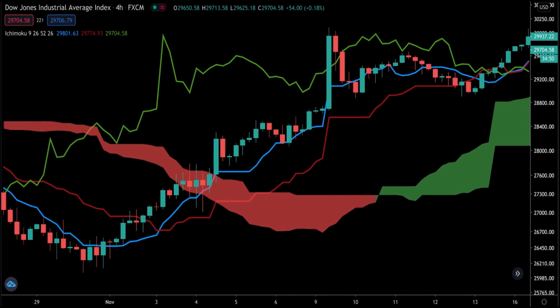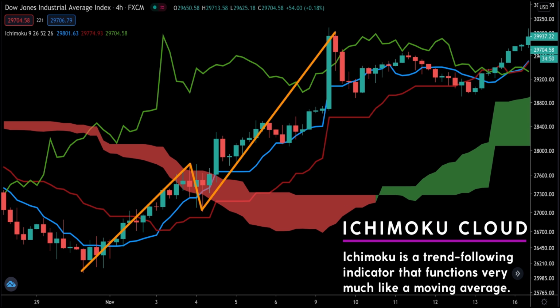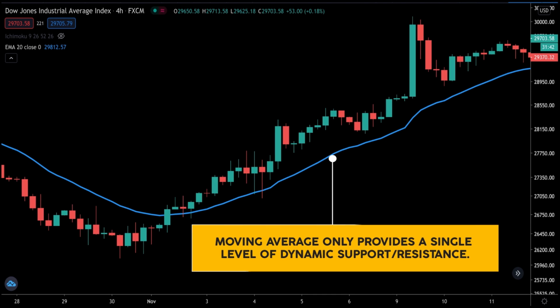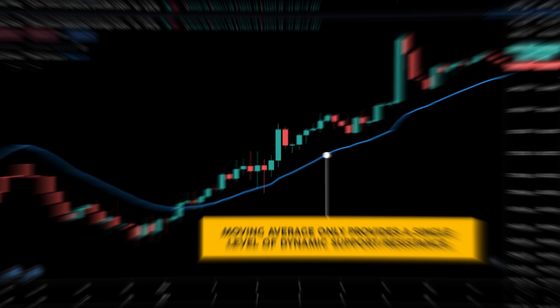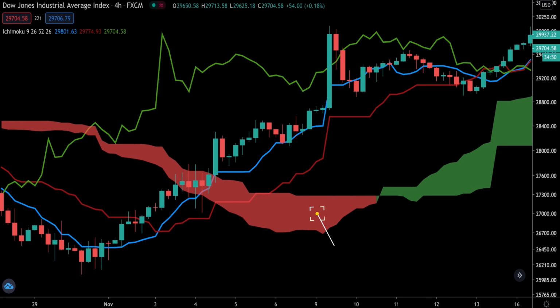Now, in case you haven't heard of the Ichimoku, it is a trend following indicator that functions very much like a moving average, except that it is much more potent than the typical moving average. While the moving average can be used as a dynamic support and resistance level, it only provides a single level, unlike the Ichimoku, which provides a zone.